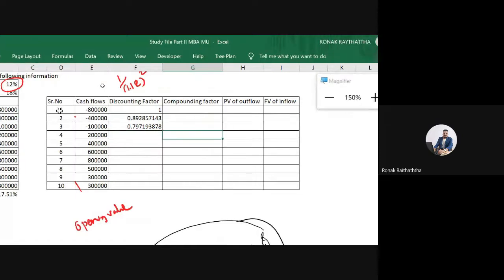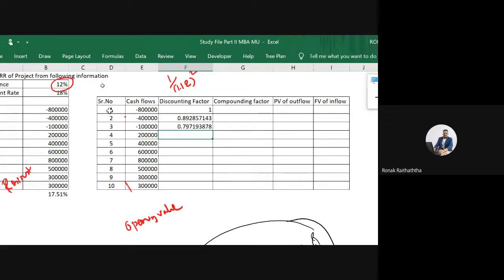Then for inflows, we'll have the compounding factor, right? Good.